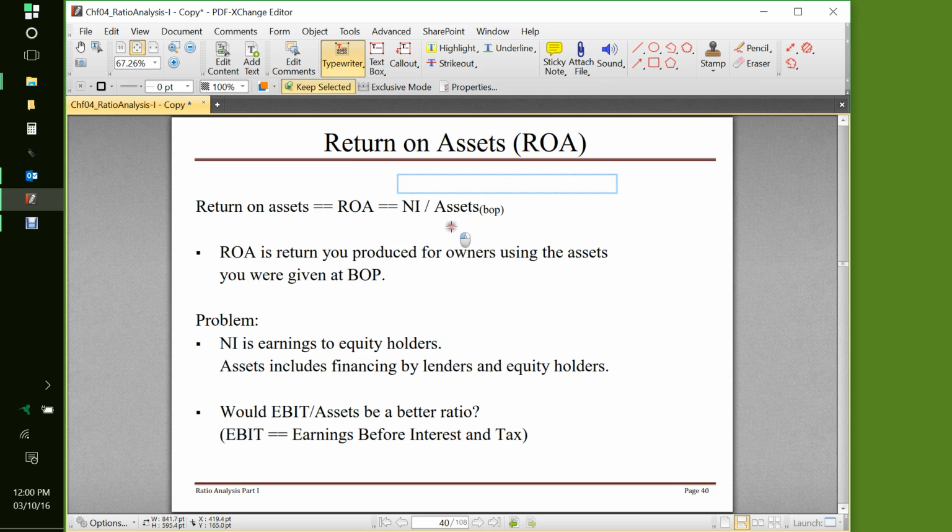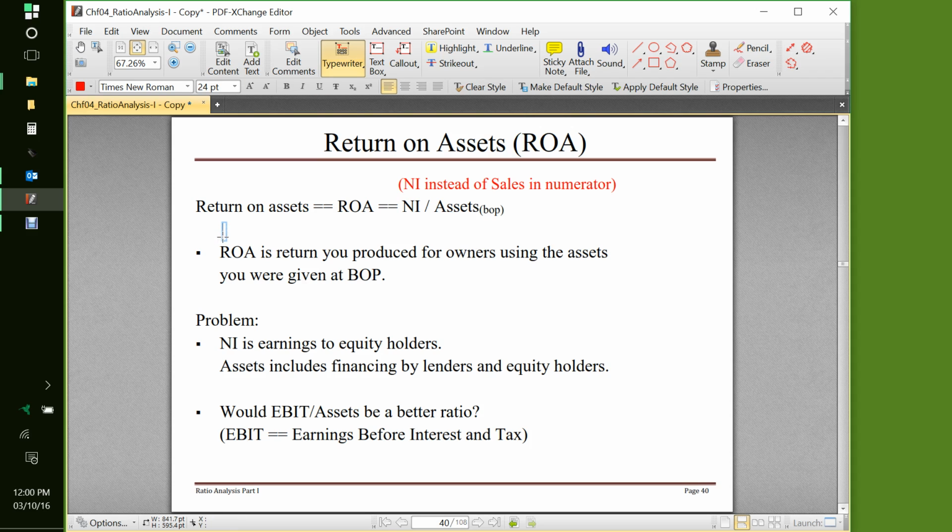Okay, and we've still got in the denominator assets at the beginning of the period. So this is clearly answering for us how much net income we were able to squeeze out of each dollar of our assets. This is also going to be bigger is better.